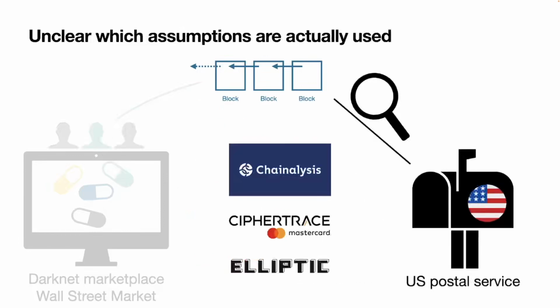Another problem here is that we don't even know which assumptions were actually used, as the US Postal Service just states in the criminal complaint that proprietary software was used. So the software could, for example, be by Chainalysis, CipherTrace, or Elliptic, just to name a few of the main players in cryptocurrency de-anonymizations.